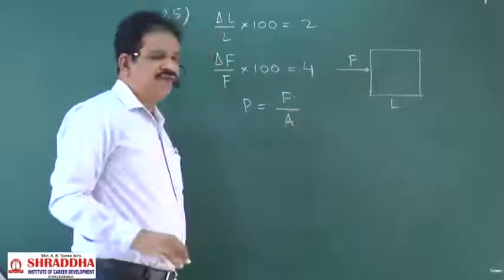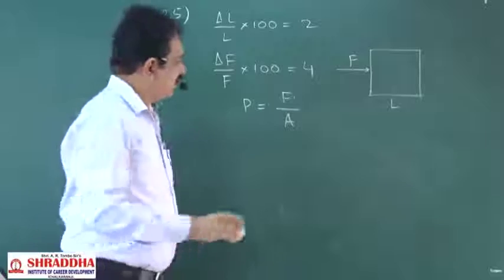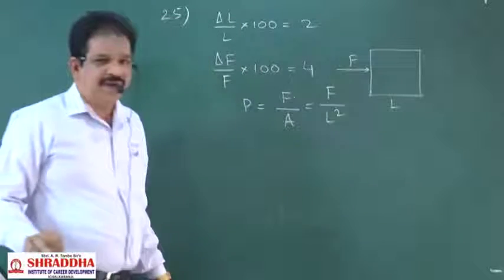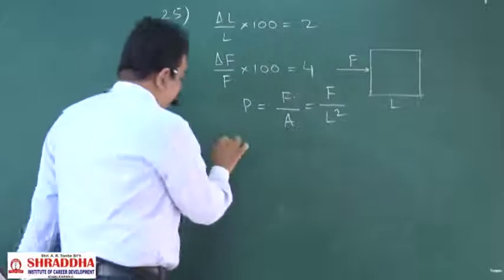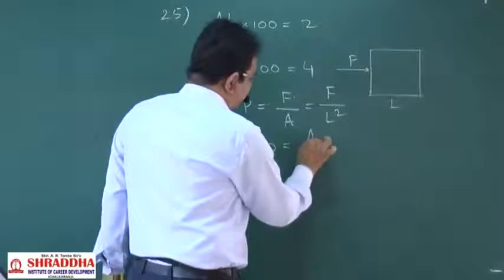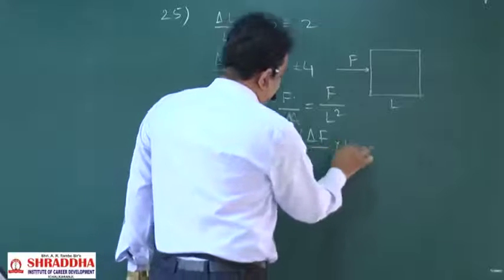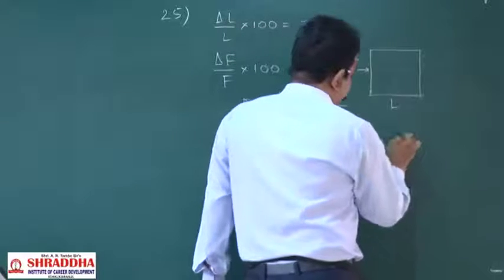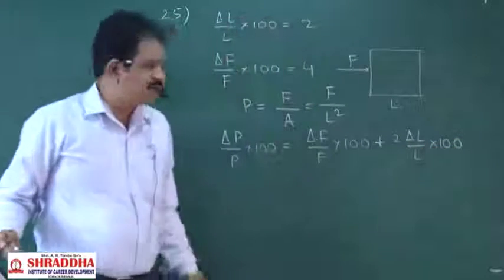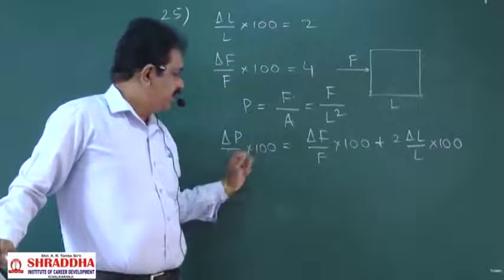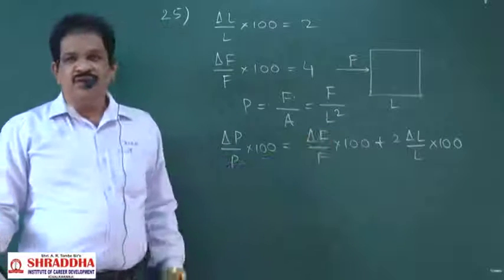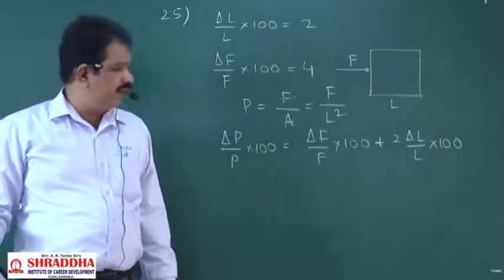Pressure is equal to force by area. Here area will be L square. So P is F by L square, and delta P by P into 100 is delta F by F into 100 plus 2 into delta L by L into 100.